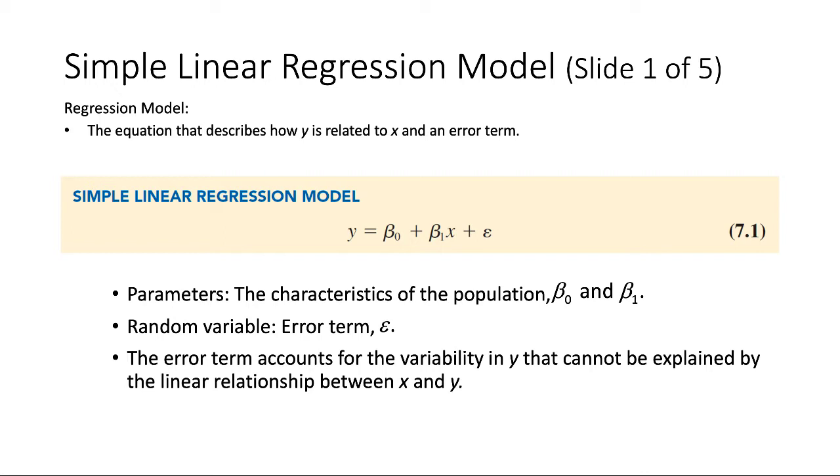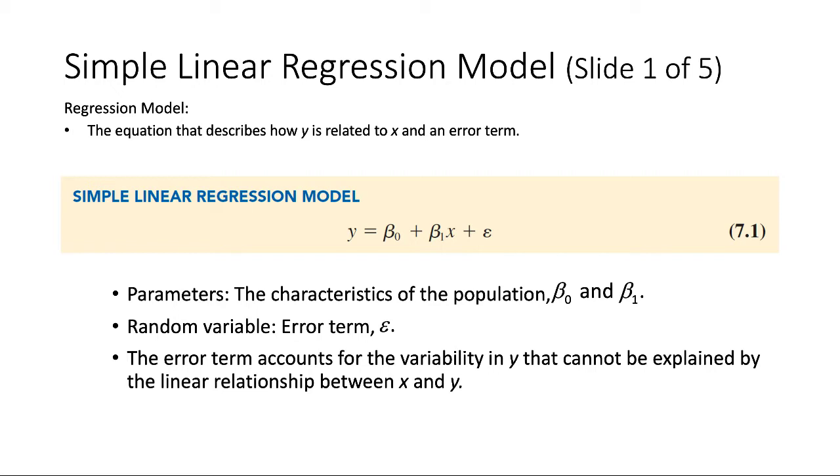For example, suppose we have a trucking company that is trying to predict their daily travel time from the number of miles that their driver has driven the truck. We call the travel time the dependent variable that we're trying to predict, and the number of miles driven will be the independent variable denoted by x.